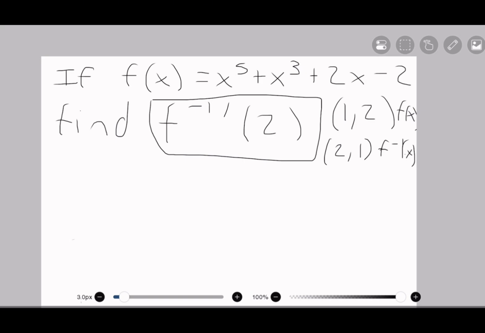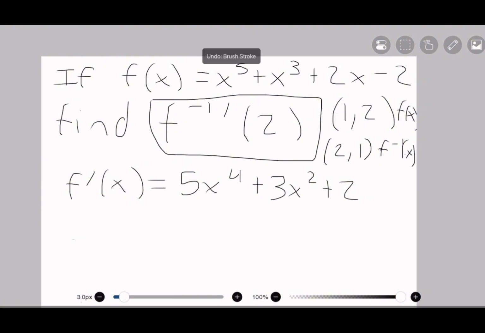So now that we have that, we can use that and get the answer. First we need to find the derivative of f of x, which is going to be 5x to the 4th plus 3x squared plus 2. From here, we can plug in our 1, which is the x for the regular function, not the inverse function.